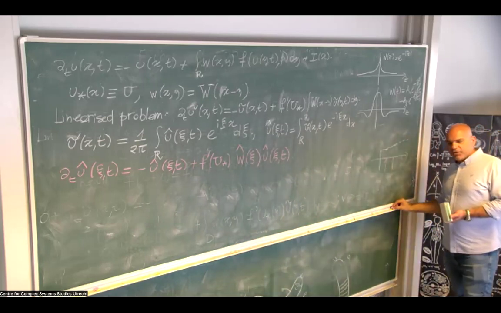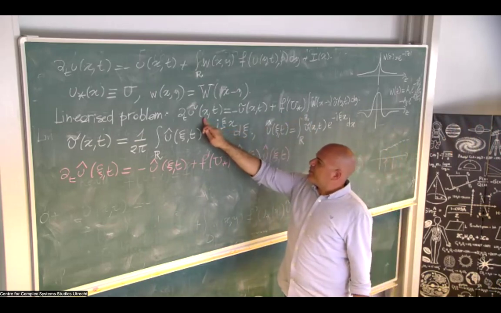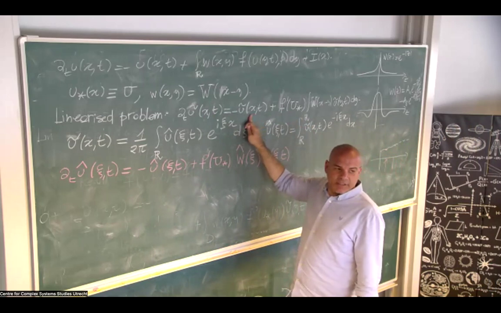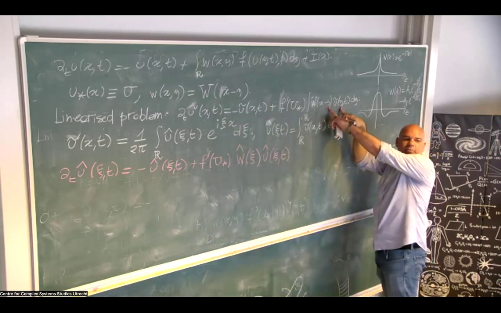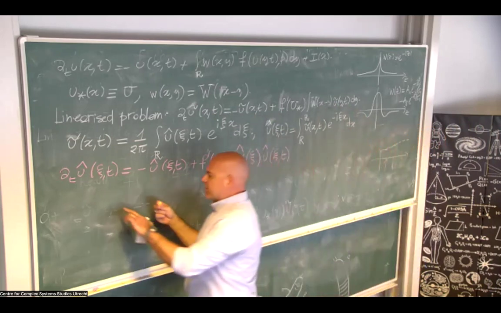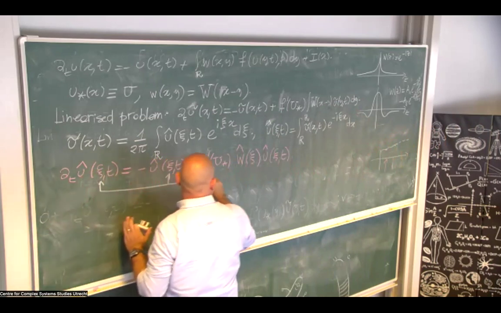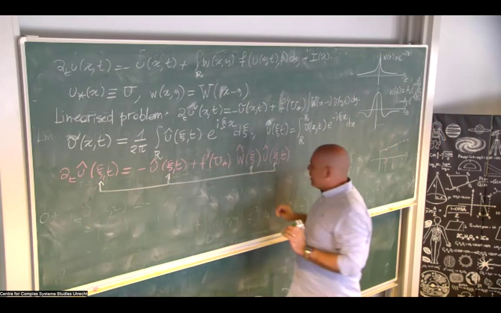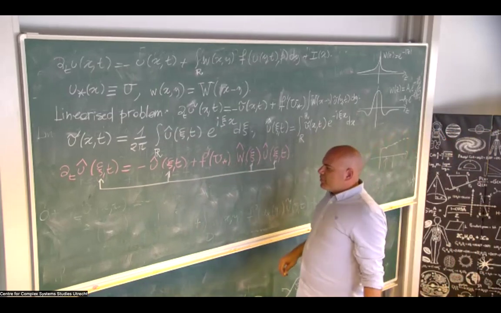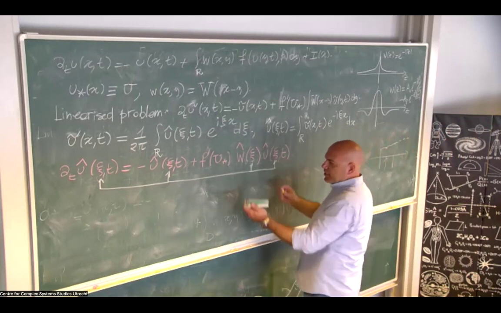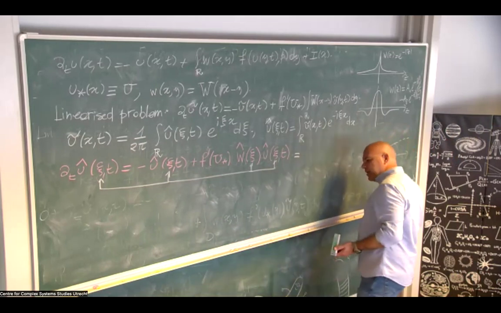So the big advantage of doing this business is that in space, what happens at position x is coupled to what happens everywhere else in the cortex, because I have to sum over y. But in Fourier space, your psi appears as a decoupled parameter here, right? So now I can solve for each psi separately, like in slices. And once you look at it, this problem looks like, what is the red here?